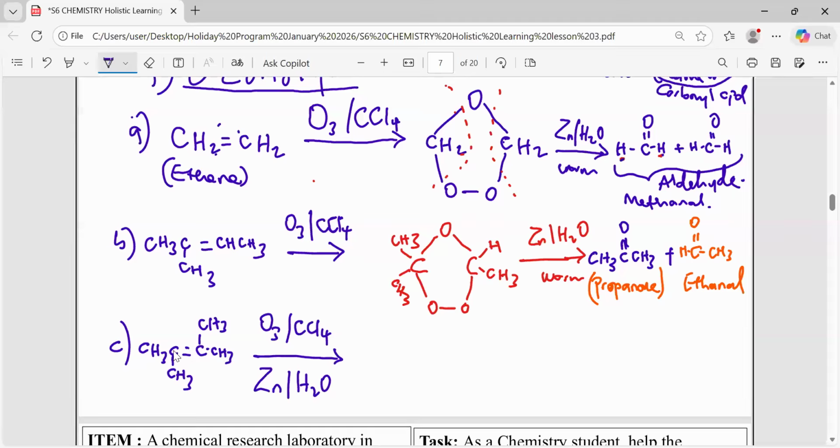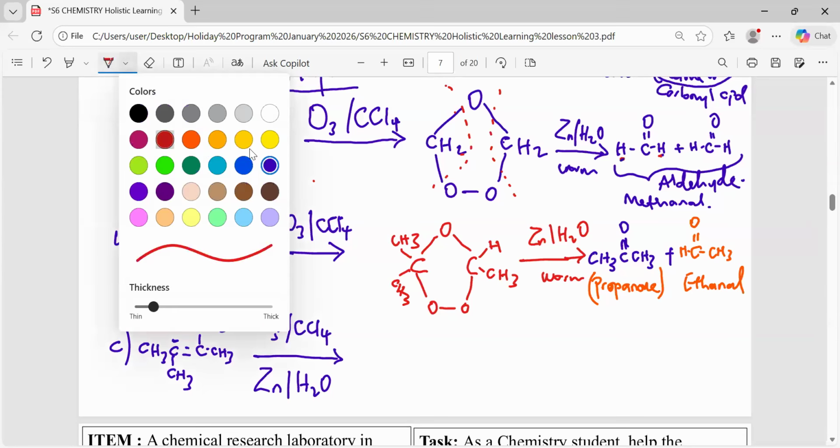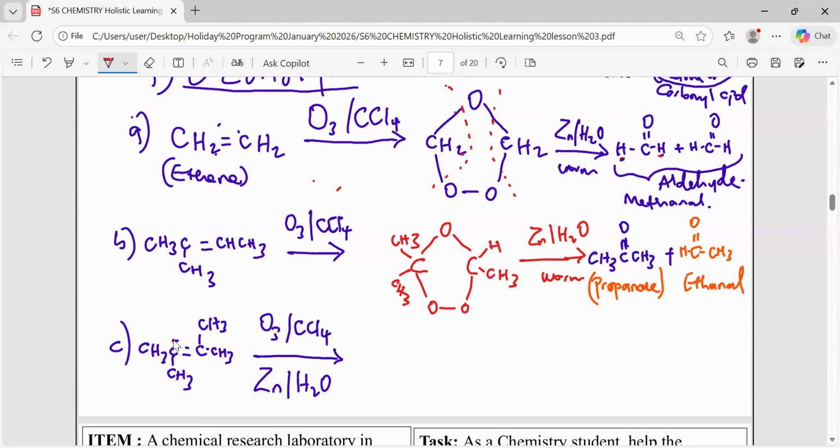Now, are you seeing these carbon atoms? There is this carbon atom. Maybe I change the color so that we see very well. There's this carbon atom and this carbon atom, which are attached to the double bond. Are we there? Yes, sir. This time around, we don't need the ozonide group. We are coming direct to the product because we have put all the reagents. What we said is that these carbon atoms are on the double bond.